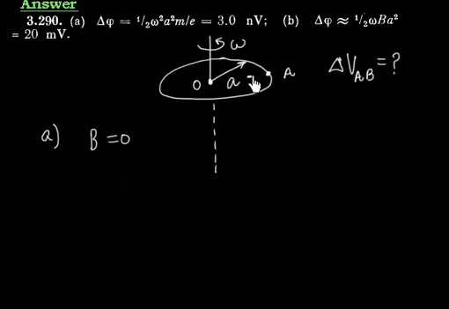Now if I consider any electron on this disk, what will happen? This electron has a tendency to go outside. This electron is also moving in a circle of radius r.